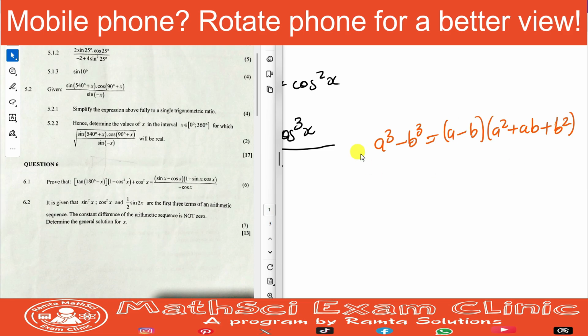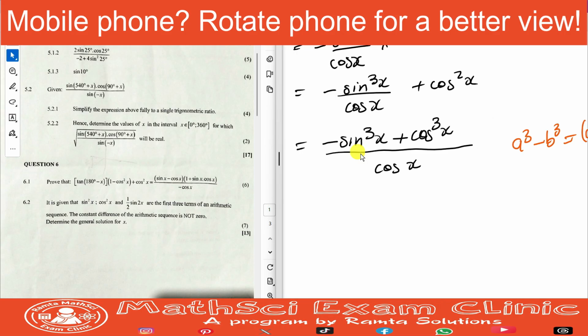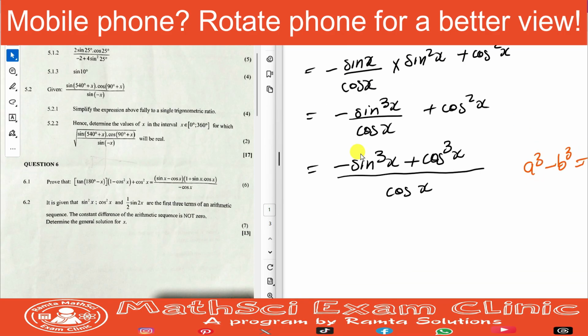Do you guys see this? When you have a difference of 2 cubes, this is what you can say. All right, so this therefore says to us, remember, our a is the cos x, right?